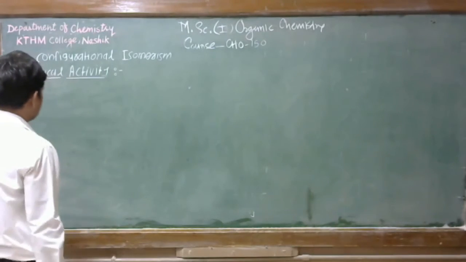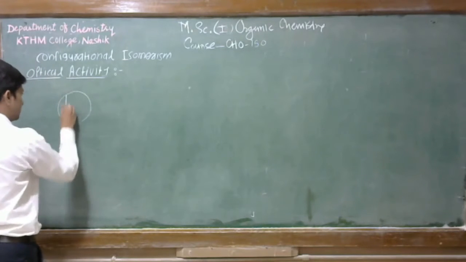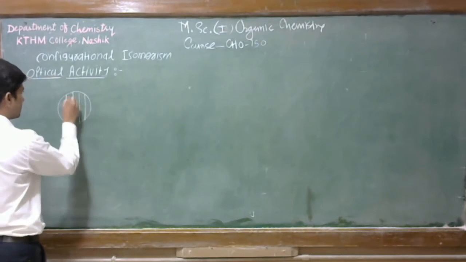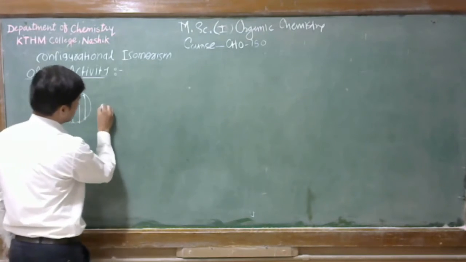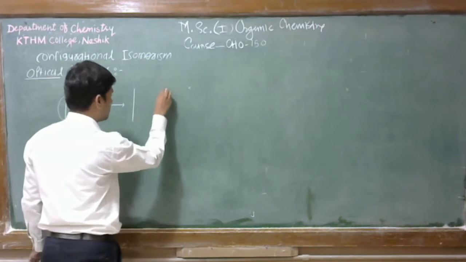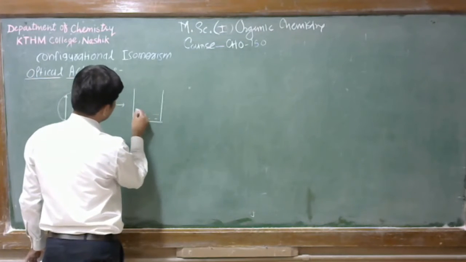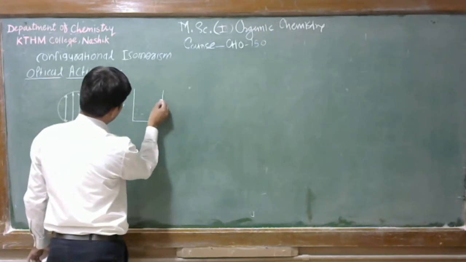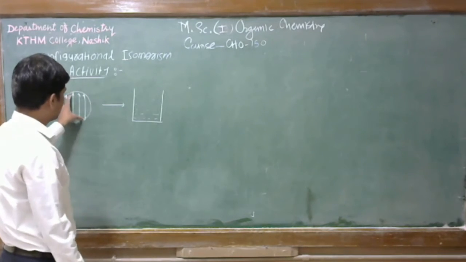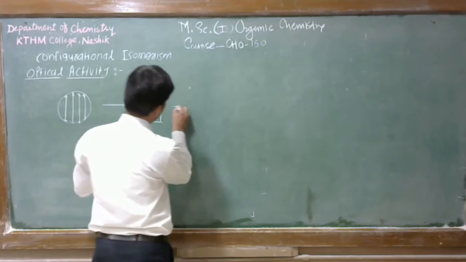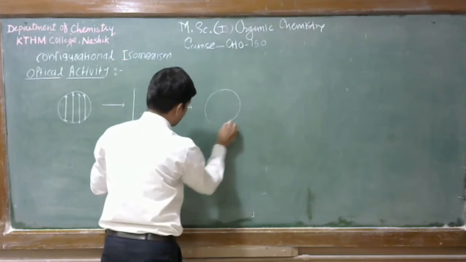For example, see here, if this is the plane of plane polarized light, and this plane polarized light is passed through a solution of an organic compound or any type of compound, the compound absorbs this plane polarized light and emits it, and then there is rotation of the plane polarized light.